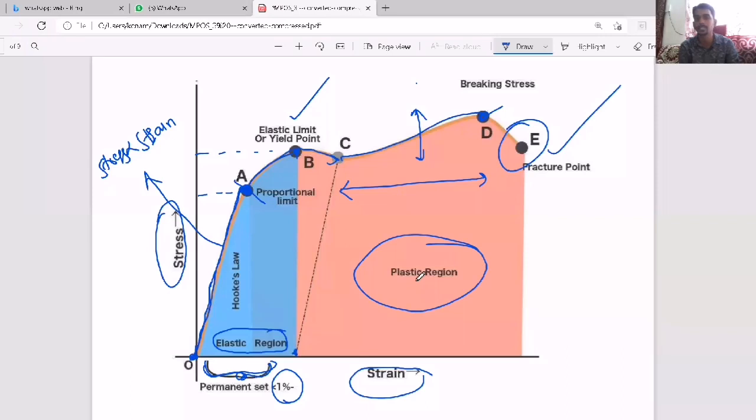What is the meaning of breaking stress? Breaking stress is nothing but force by area, but it is the maximum stress the material can bear. After that, the material can break. That's why it is called breaking stress and fracture point.